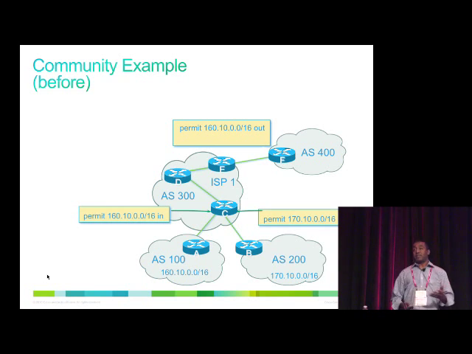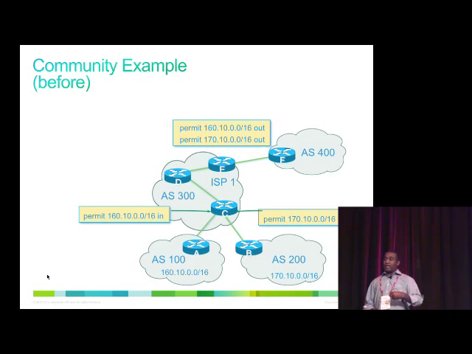And then you have another customer coming. When this customer comes, you have to update your prefix list on that peer in addition to the actual customer configuration. So you have to touch that configuration. And changing a BGP policy has impacts.